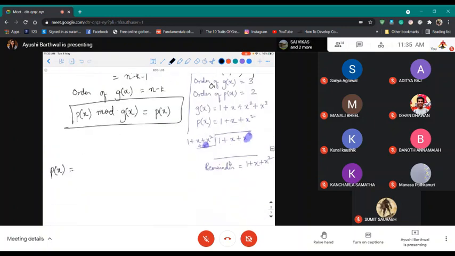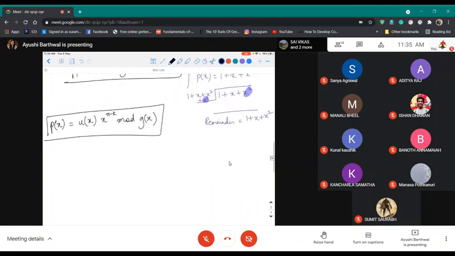So we had to calculate p(x), that was our parity polynomial to generate our systematic cyclic code. So let me rewrite these steps for you all.